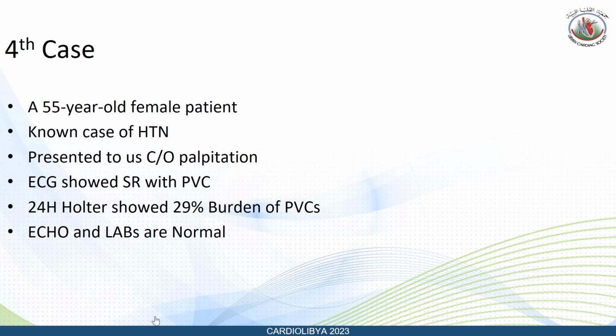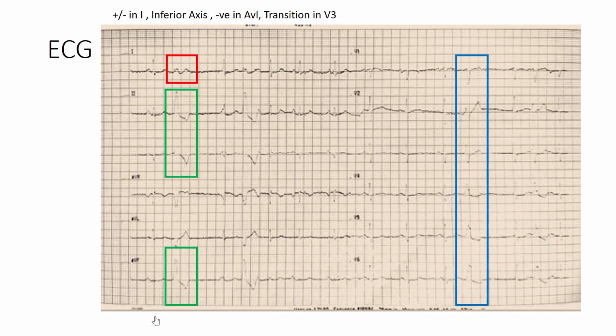The fourth case is a 55-year-old female known to be hypertensive, presented with palpitation. ECG shows sinus rhythm with PVCs, and the PVC burden on Holter monitoring was around 29%, and echo was normal.